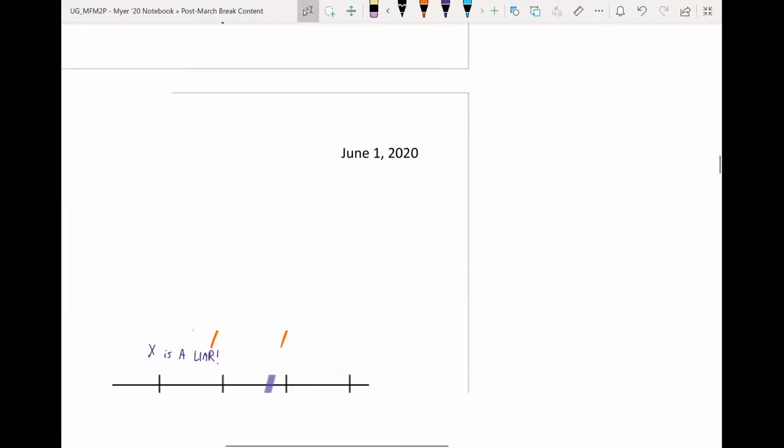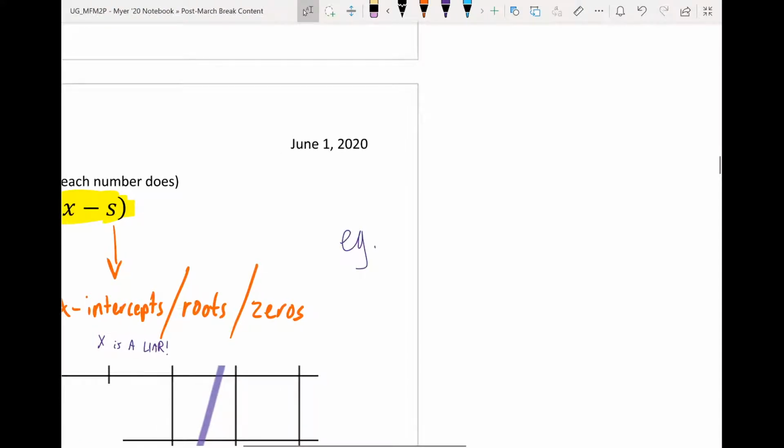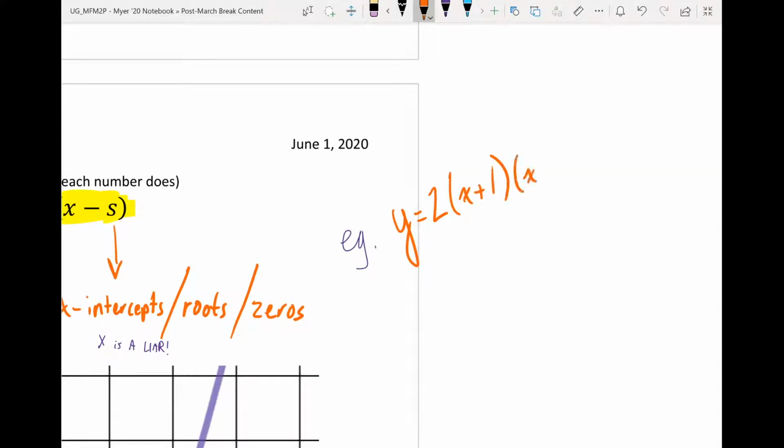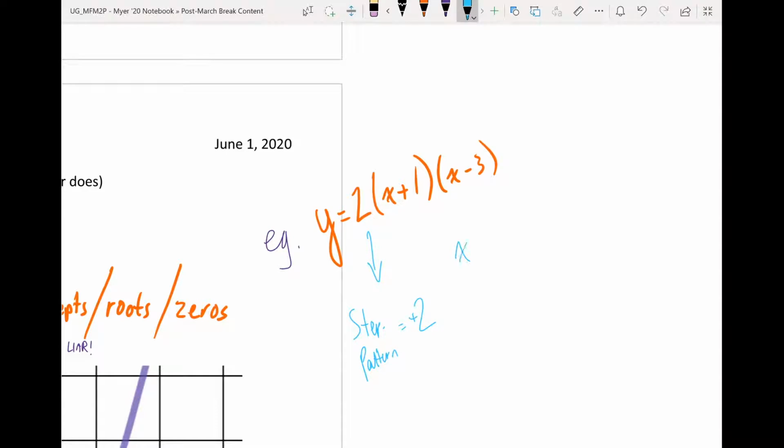So for an example then, if we have an example like y equals 2(x plus 1)(x minus 3), we would say that the step pattern is 2, plus 2, and then the x-intercepts are at x equals -1 and +3, right? Because they're the opposite.